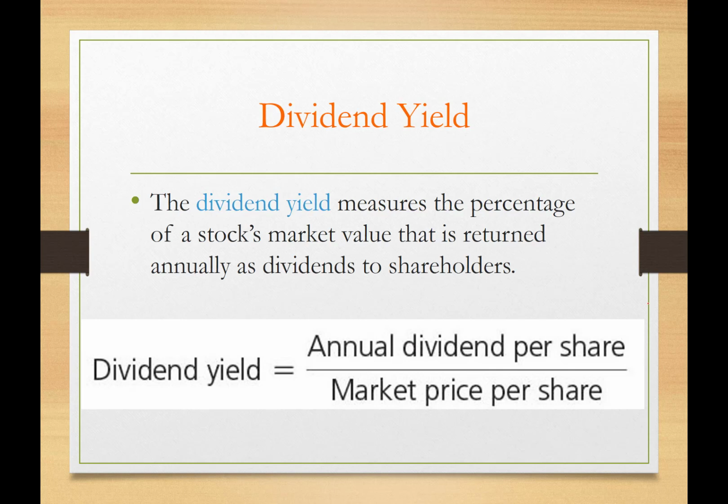Dividend yield: how much of the stock market's value is actually being returned as dividends to the shareholders. Very simple formula: annual dividends per share divided by the market price per share. In this case, you obviously want your dividend to be as high as possible, so we'd be looking at a high yield return.